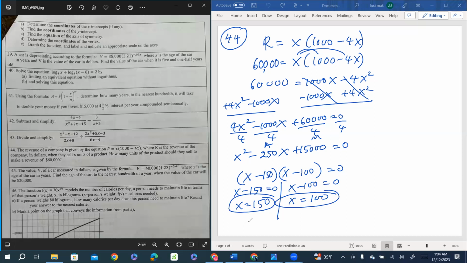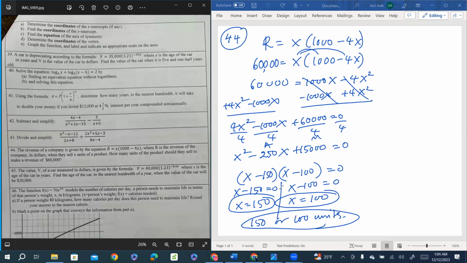So both check out. If you substitute, you'll see both will give you 60,000 revenue. If I were the company owner, I would only produce 100, so the lower number of production would be better.